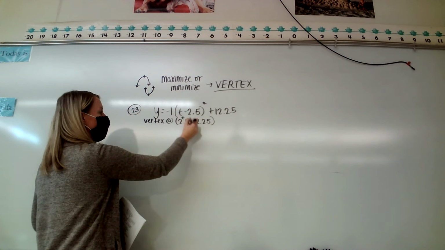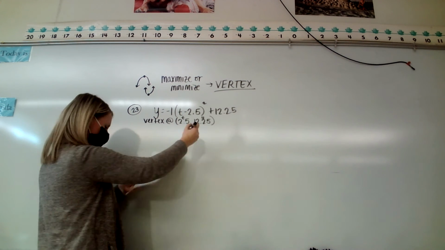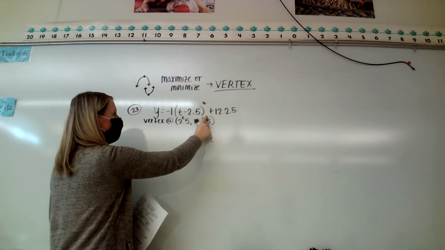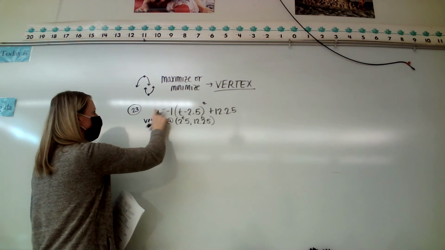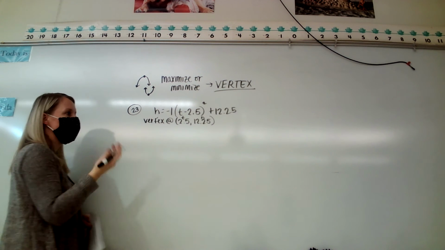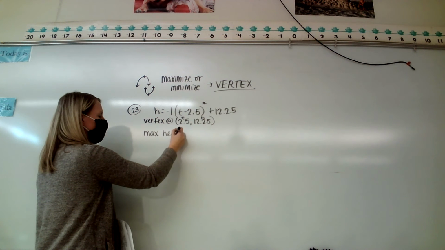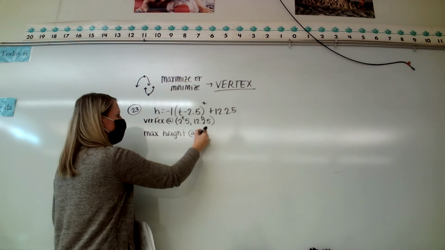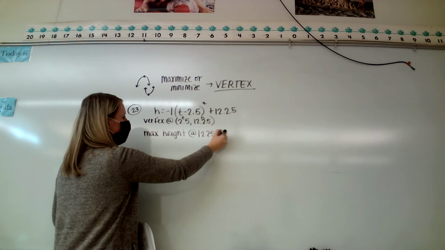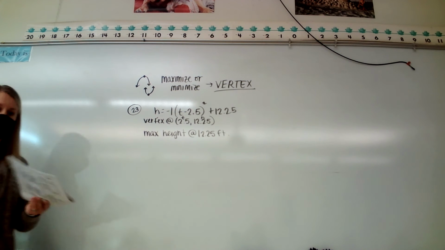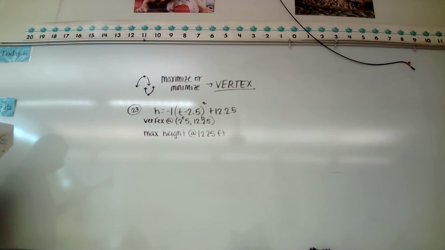So this is time, and this is h, height. Just know which variable is which. So the max height is 12.25 feet at 2.5 seconds, but that wasn't asked.